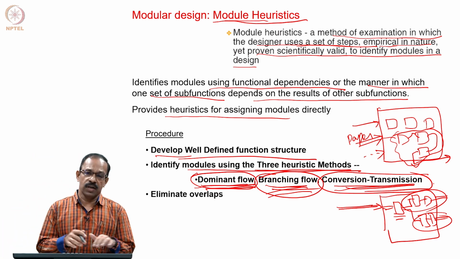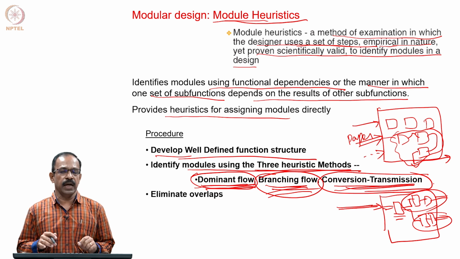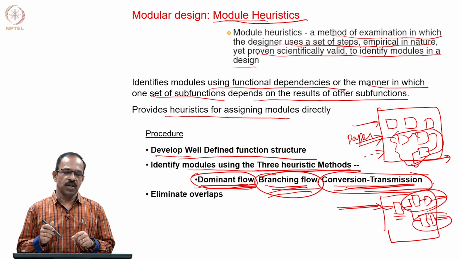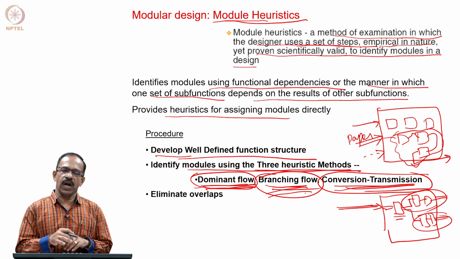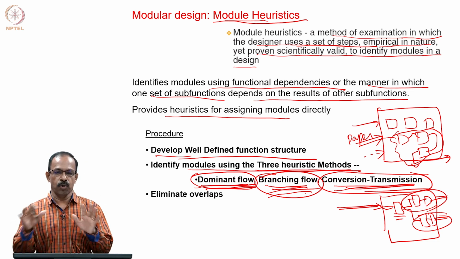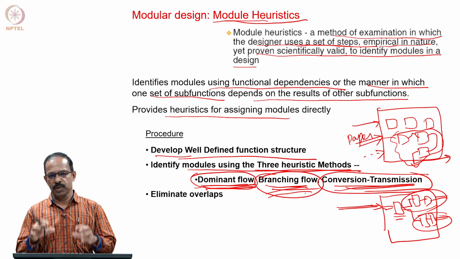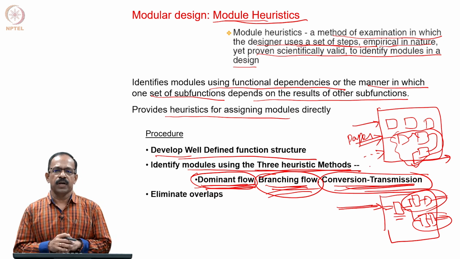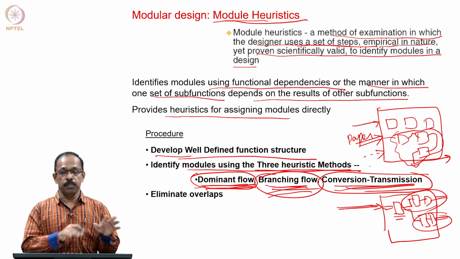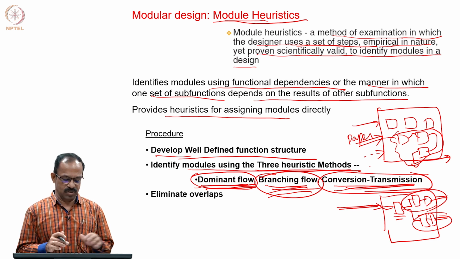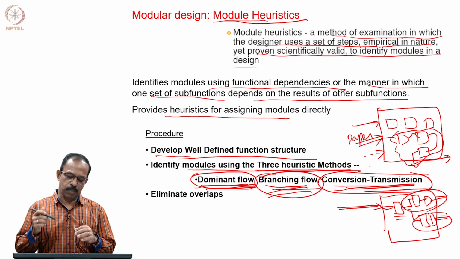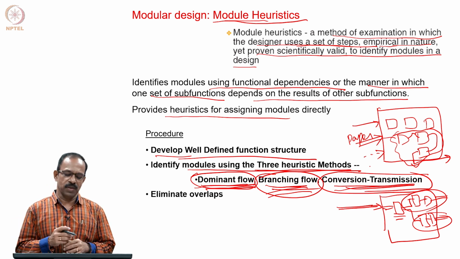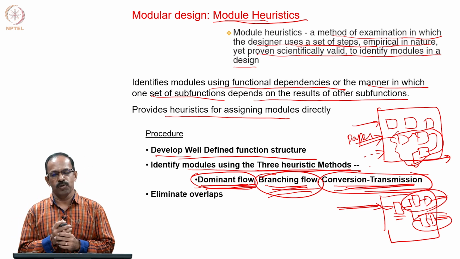Using these three, in all the cases we use all three heuristics and try to identify all possible modules. There will be a lot of overlaps also, because a dominant flow module may be part of the conversion transmission module, or it can be part of the branching flow module also.